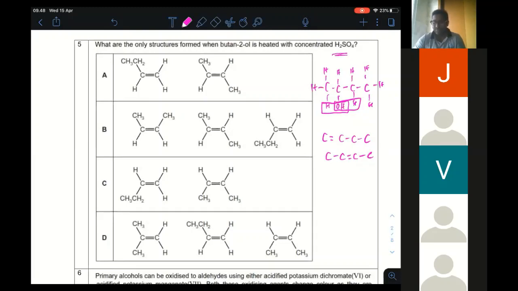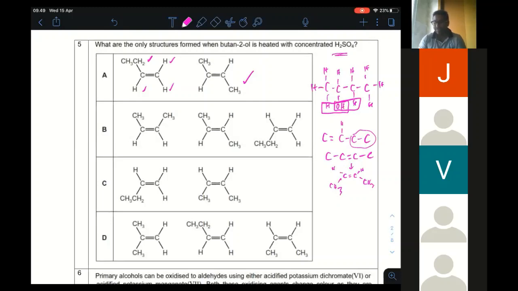So if you look over here, this is C2H5, and there's another H over here. This is the molecule we are talking about. And then you have this molecule where you have C double bond C, and then H, CH3, and then H and CH3. This one is possible.